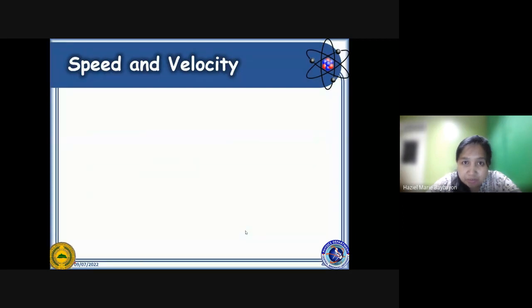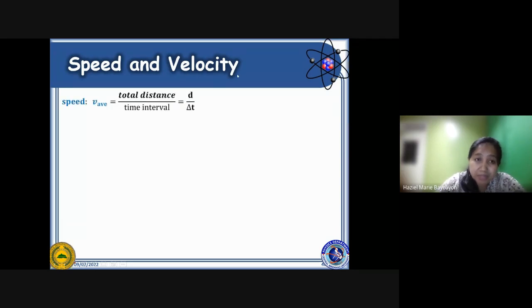How about speed and velocity? How are these two physical quantities different from each other? Speed is a scalar quantity and velocity is a vector quantity. Now, specifically, the average speed is equal to the total distance traveled divided by the total time it took for the travel, or we can call that the time interval.